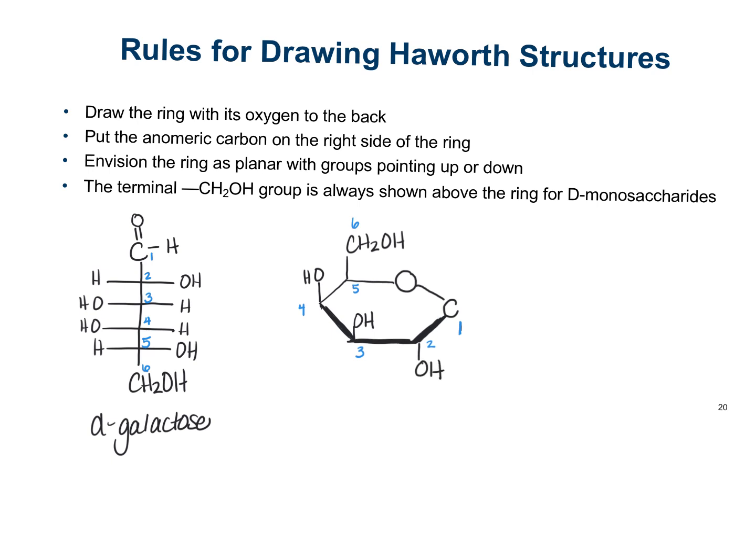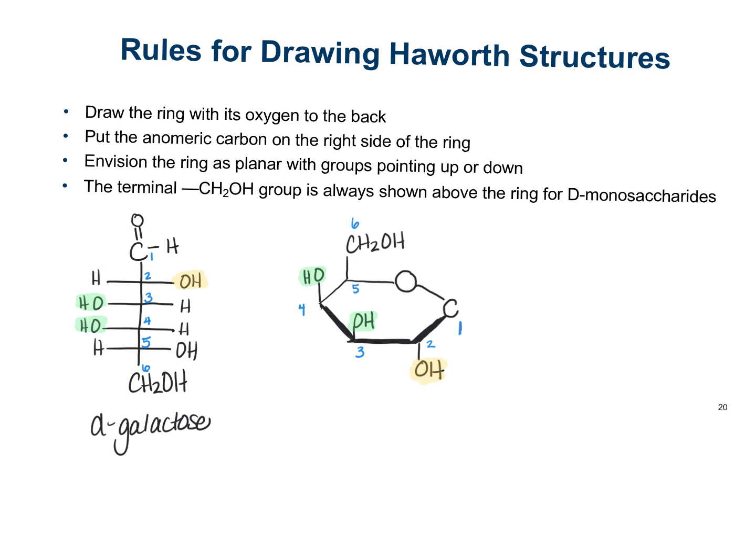And so I want you to notice that when we draw these, on the 3 carbon and the 4 carbon there, they are on the left side, and here they are up. And then on the 2 carbon, it is on the right side, and there it is down.